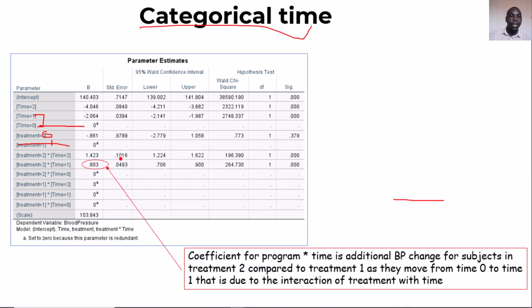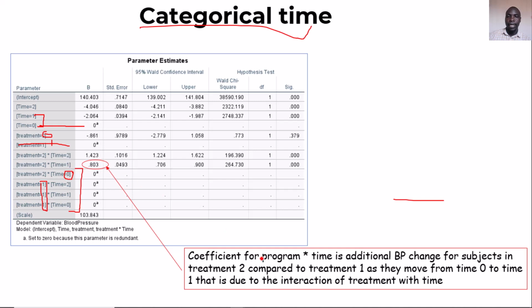Lastly, we can look at the interpretation for the interaction terms. You can see that our treatment 1 is the reference, and also our time 0 is the reference. So all these are considered redundant, and so we only interpret the other ones.